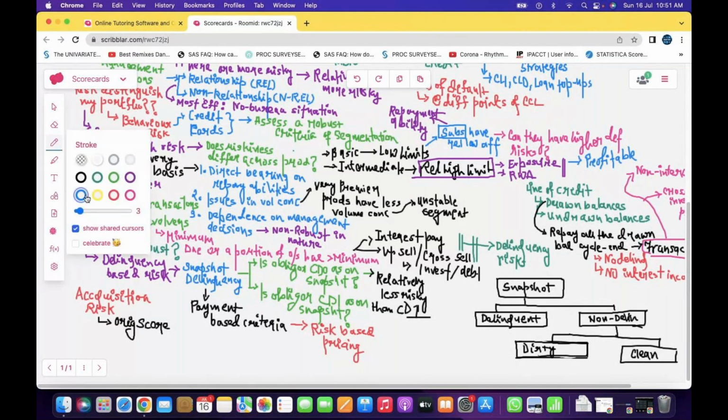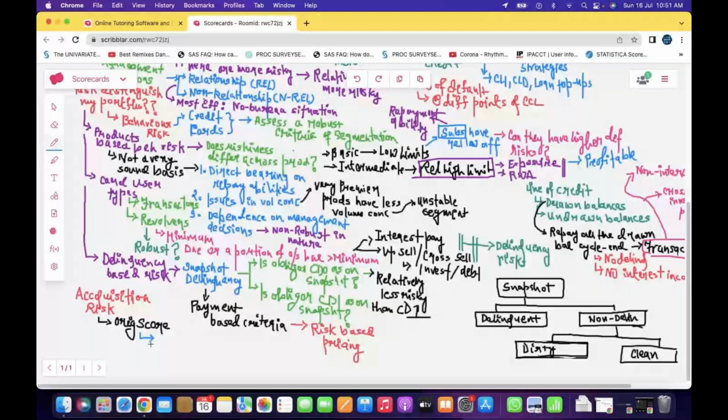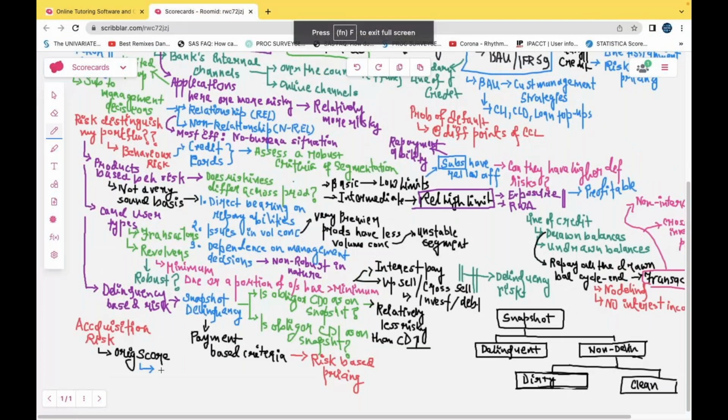Now, what is the first strategy, or risk management practice, that we would do with this origination score? The first and the most important strategy is the accept decline strategy.